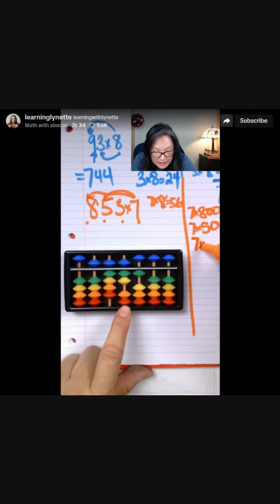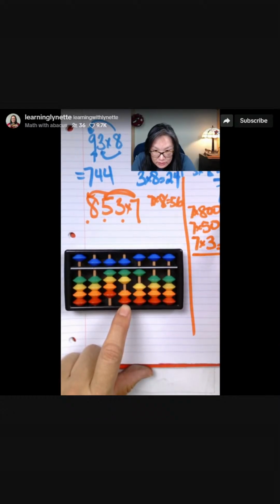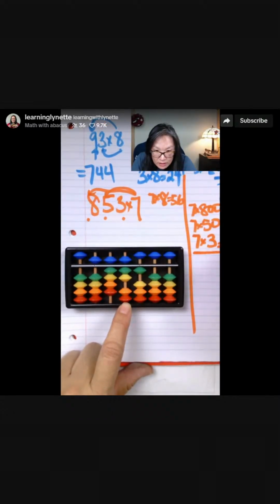I'm trying to read the bottom. Bottom is 22. No, it's not 22.